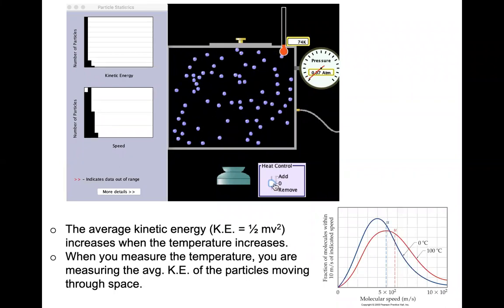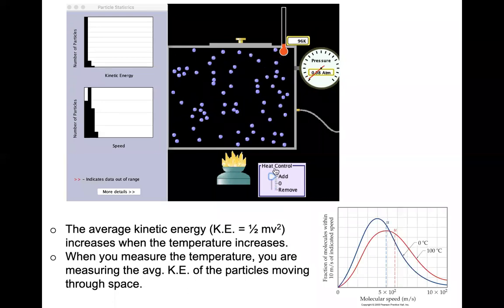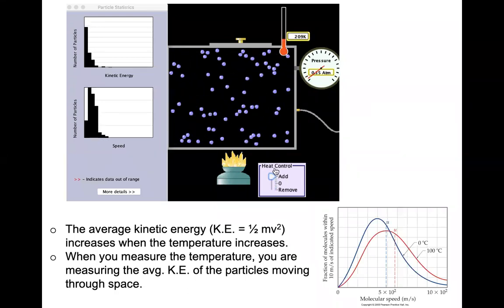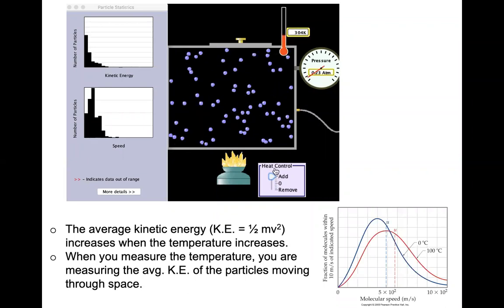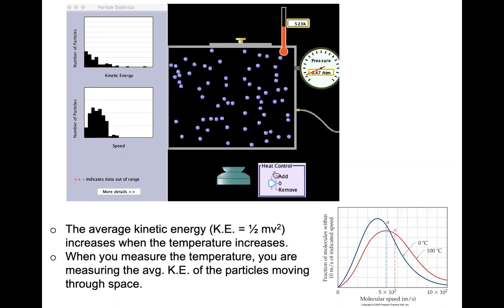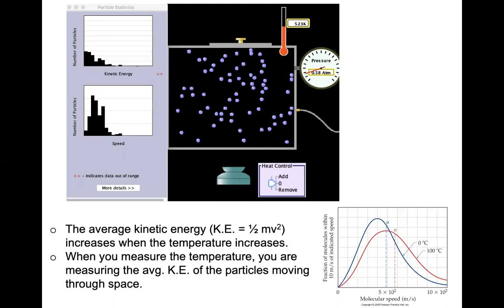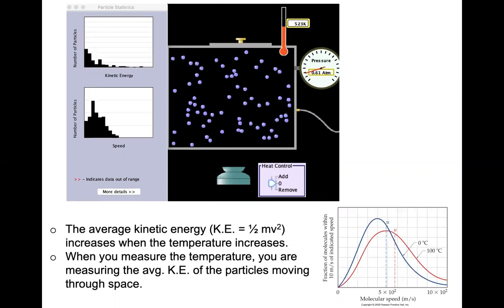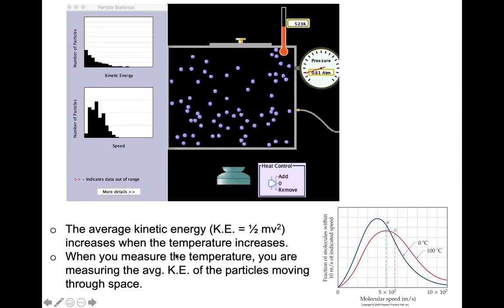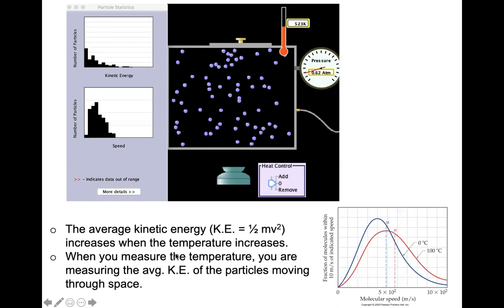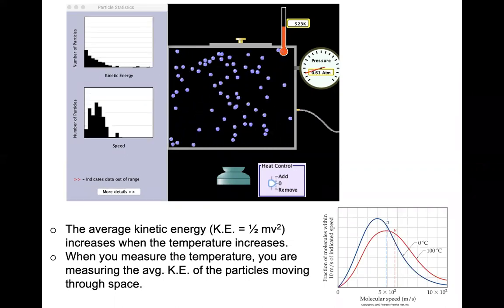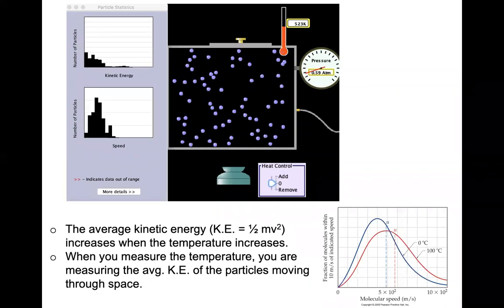If I take the same one and I add heat to it, I see the thermometer goes up, pressure's going up, kinetic energy is going up, the speed's going up. The particle motion is what the kinetic energy is describing, that's what the thermometer is describing. This is the mental image that I had in my head right there. If you increase the temperature, you're increasing the speed, you're increasing the average kinetic energy.